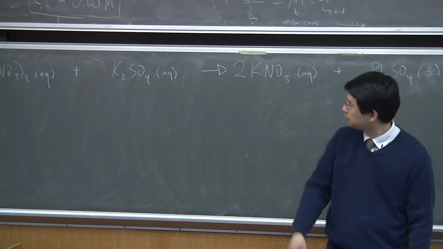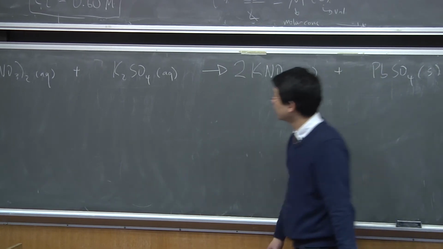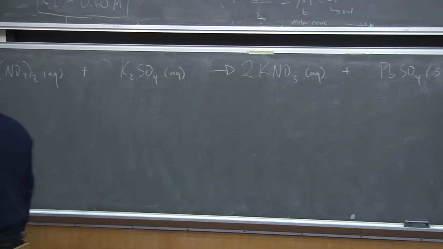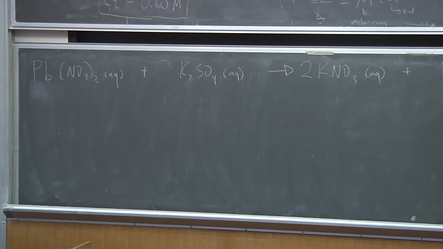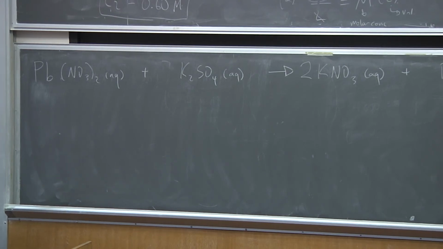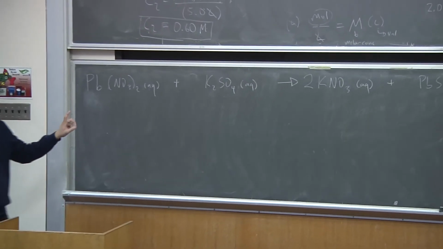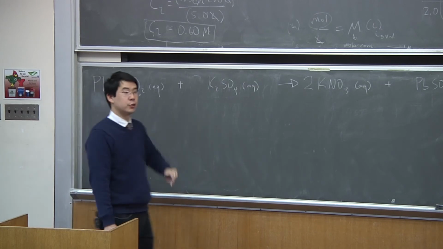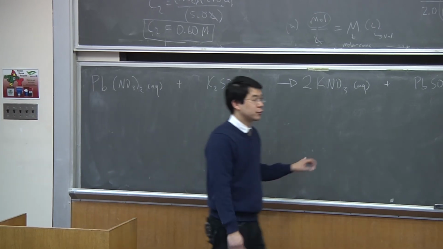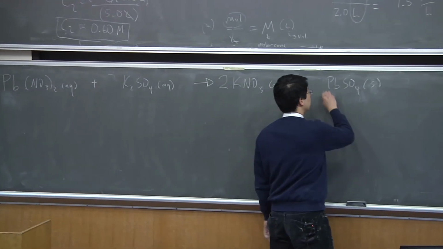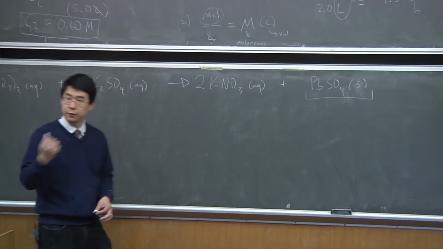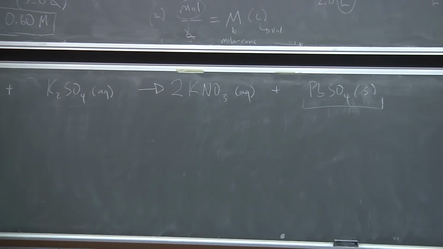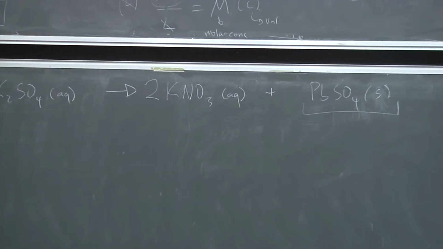These concentrations can be difficult to measure. What's not difficult to measure is mass. Mass, you just take your stuff, you dry it down, and you put it on a balance.